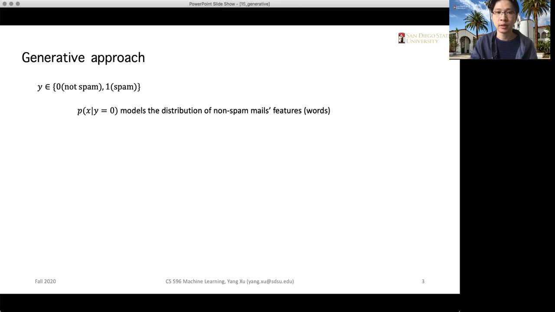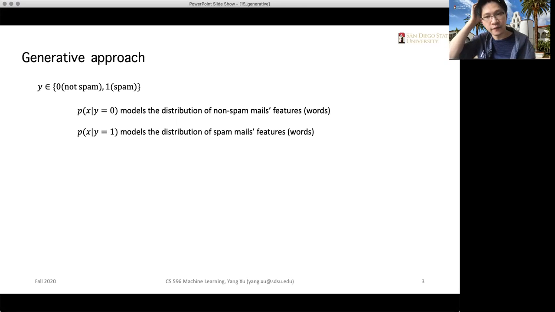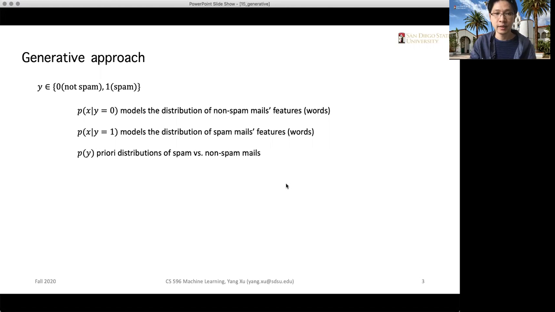This conditional probability models the distribution for a non-spam mail. And of course, the other conditional probability p of x given y equals 1 models the distribution for the spam mails. And also we need to model the prior distribution.